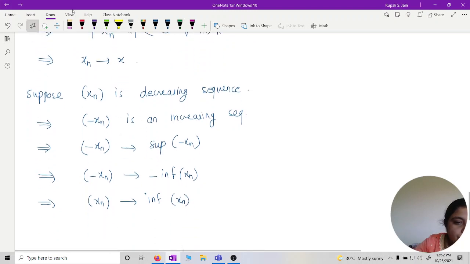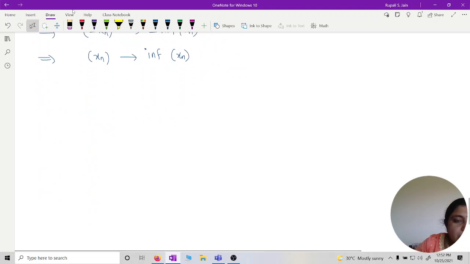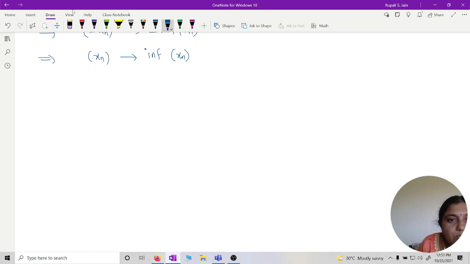Is that okay? If it is a decreasing sequence, xn will converge to its infimum.